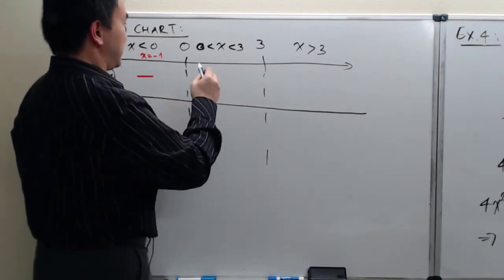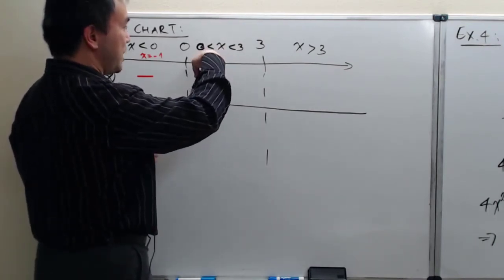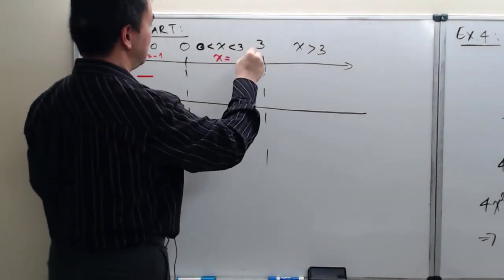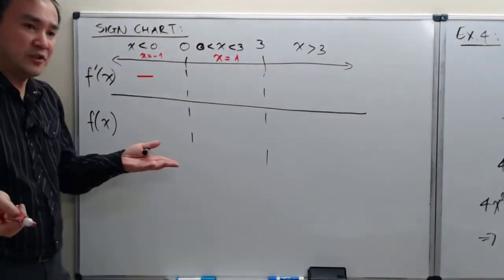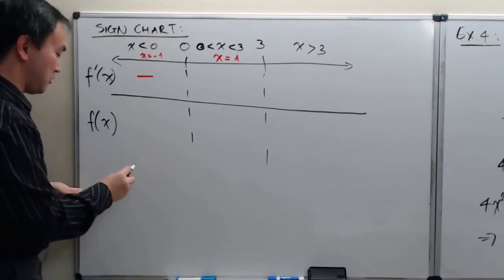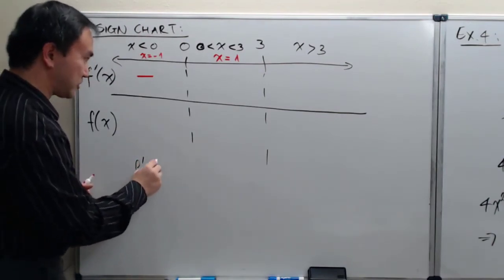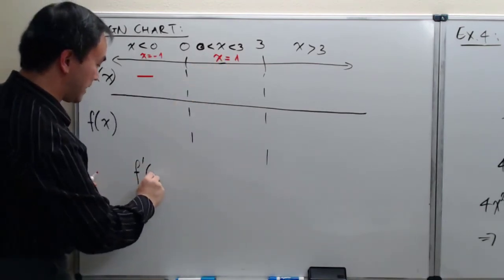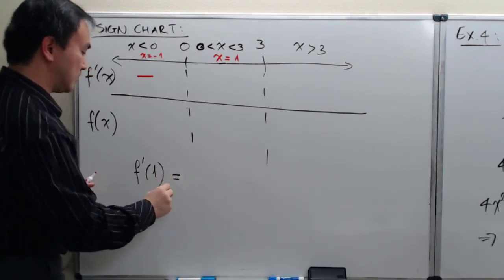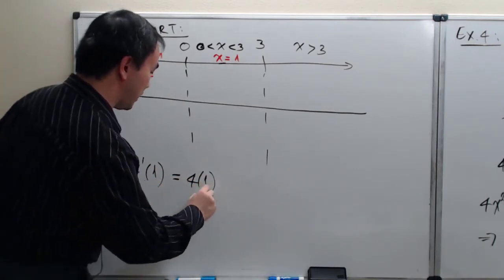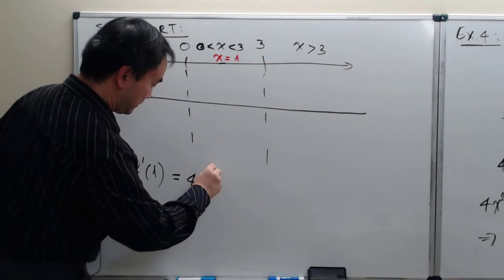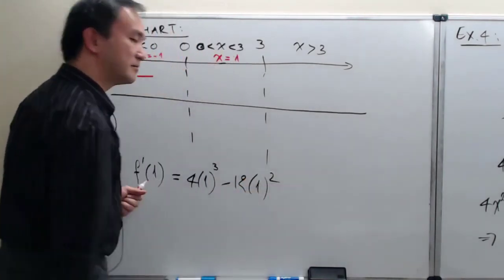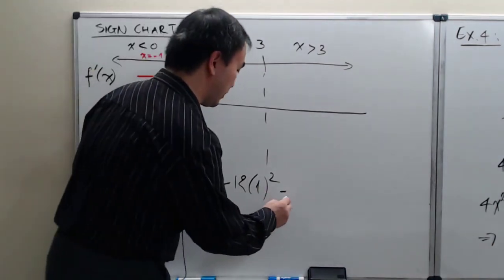Now inside the interval for x between 0 and 3, I pick x equals 1. It qualifies just fine. So again, f prime: I substitute the chosen value to test. 4 times 1 cubed minus 12 times 1 squared.